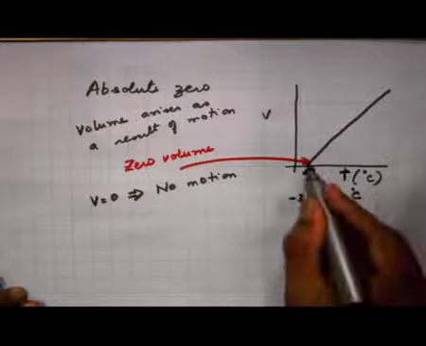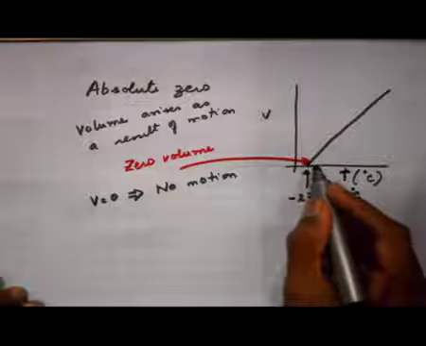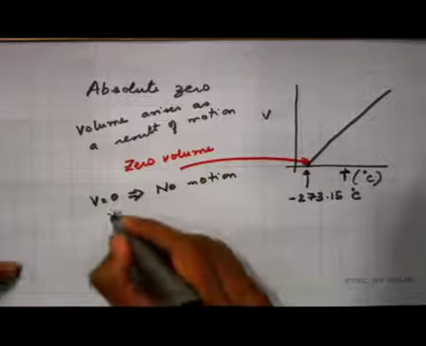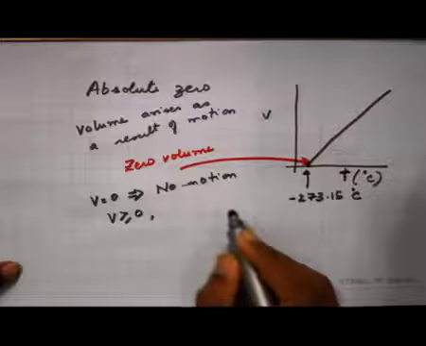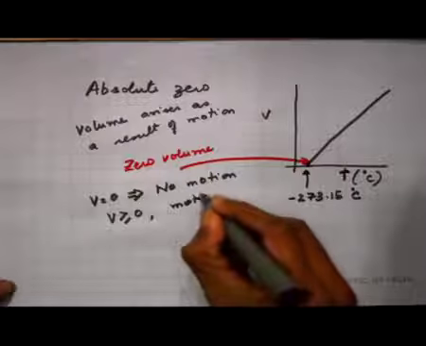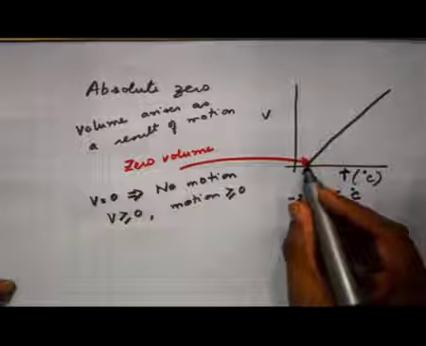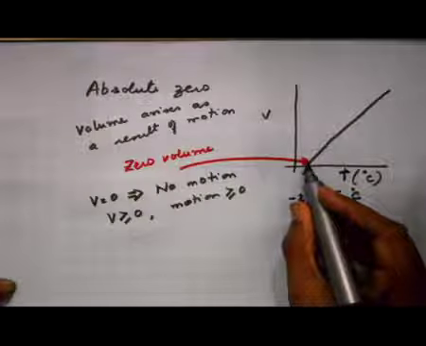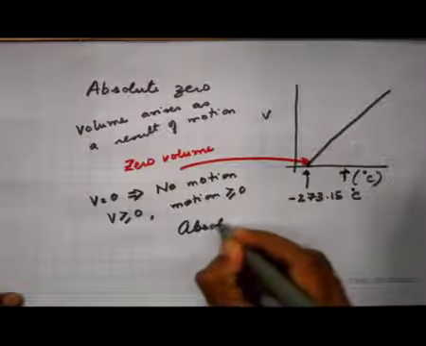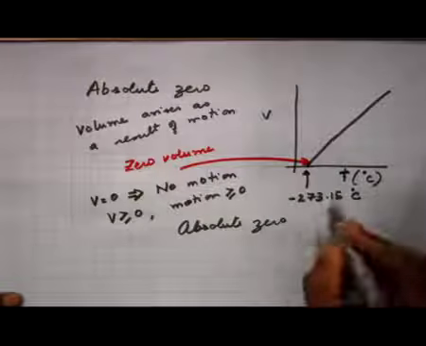And this point, the temperature at which the volume goes to 0, is called the absolute 0, because volume has to be greater than or equal to 0 and kinetic energy or the motion has to be greater than or equal to 0. So, you can't take any system below this temperature, and this temperature is called the absolute 0, where there is no motion.